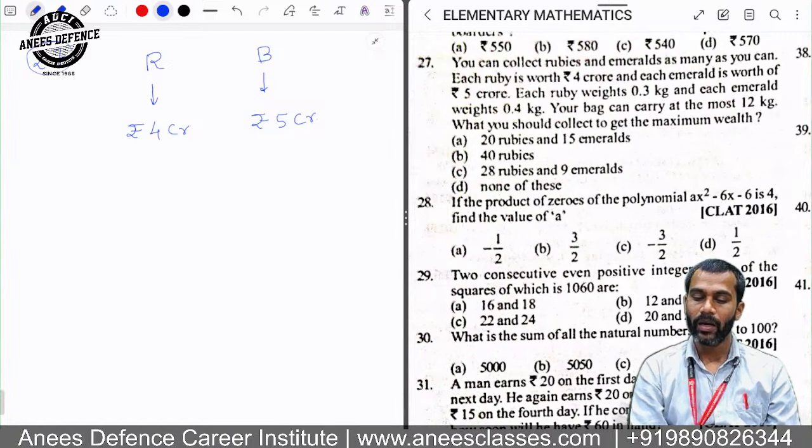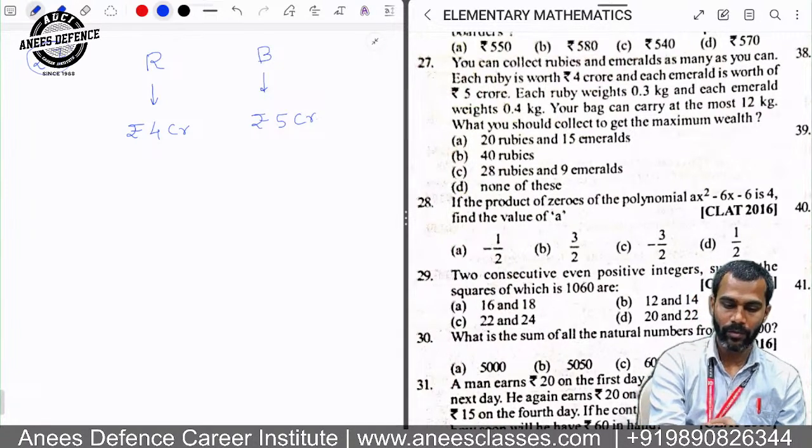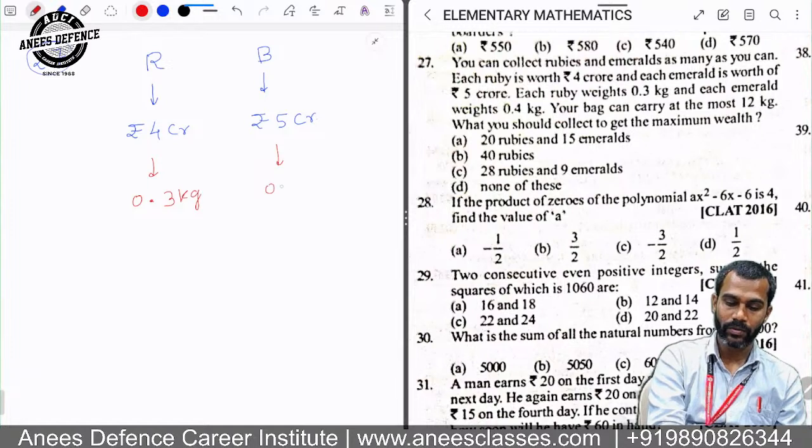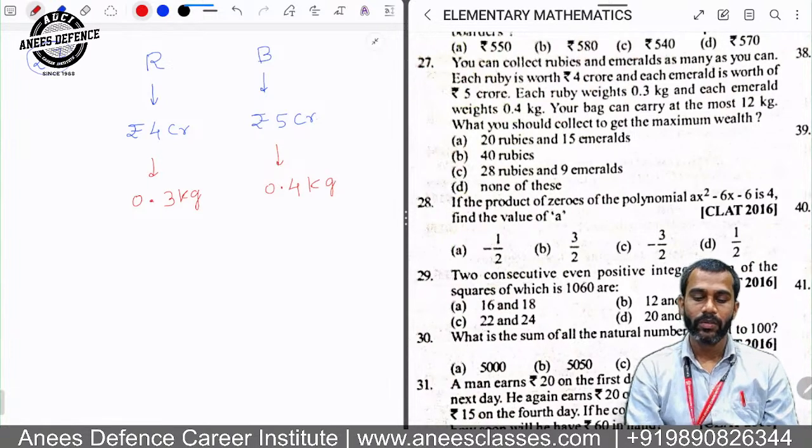Yes or no? And the weight of each ruby is 0.3 kg. And the next one, what is the weight? 0.4 kg. Okay, let me write. Weight of each ruby is 0.3 kg. And here 0.4 kg. Yes or no?